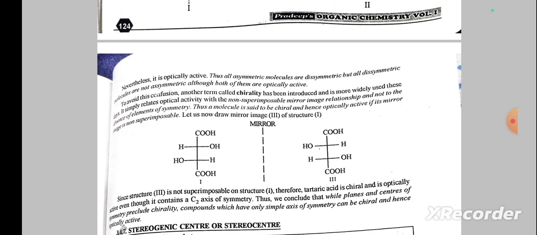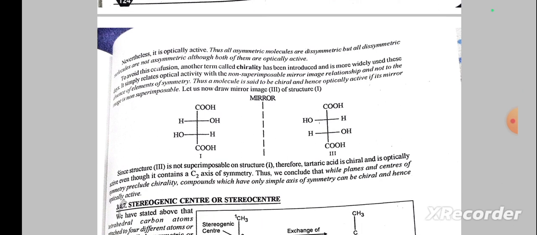Nevertheless it is optically active. Thus all asymmetric molecules are dissymmetric but all dissymmetric molecules are not asymmetric, although both of them are optically active. To avoid this confusion, another term called chirality has been introduced and it is more widely used these days.